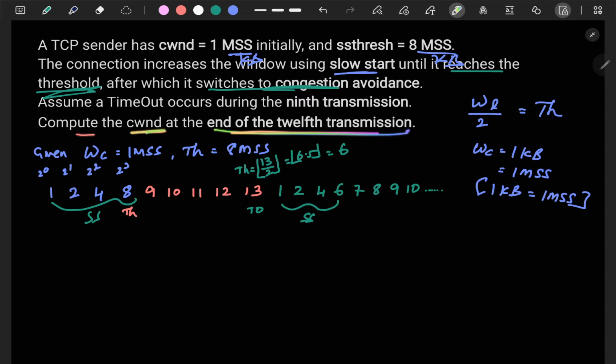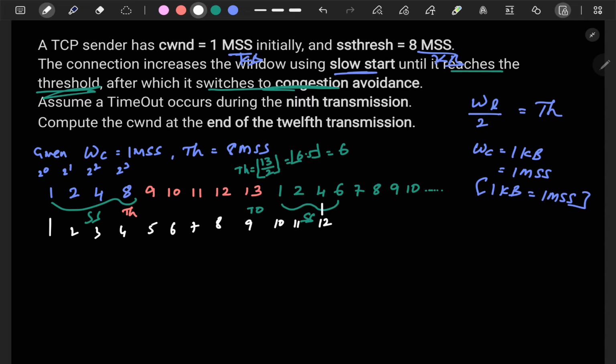So the 12th transmission: first, second, third, fourth, fifth, sixth, seventh, eighth, 9, 10, 11, 12. Let me count again: 1, 2, 3, 4, 5, 6, 7, 8, 9, 10, 11, 12.